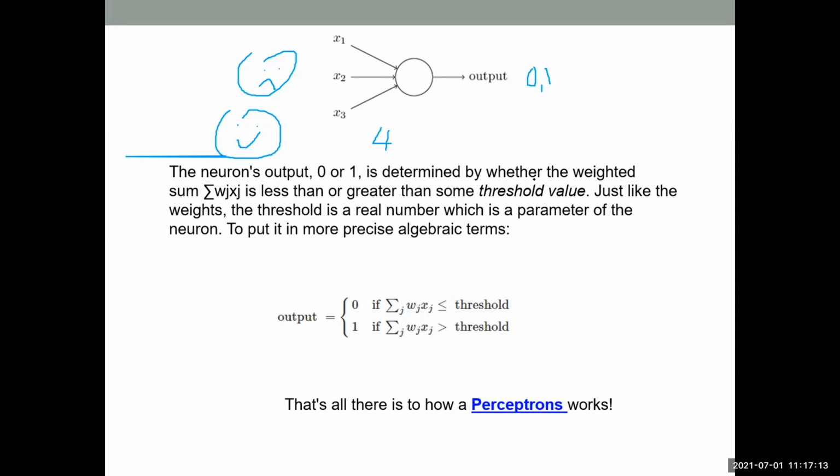It is determined by whether the weighted sum is less than or greater than some threshold value. So what does that mean? Let's suppose we have 3 inputs here. Let's say we had 3 inputs.